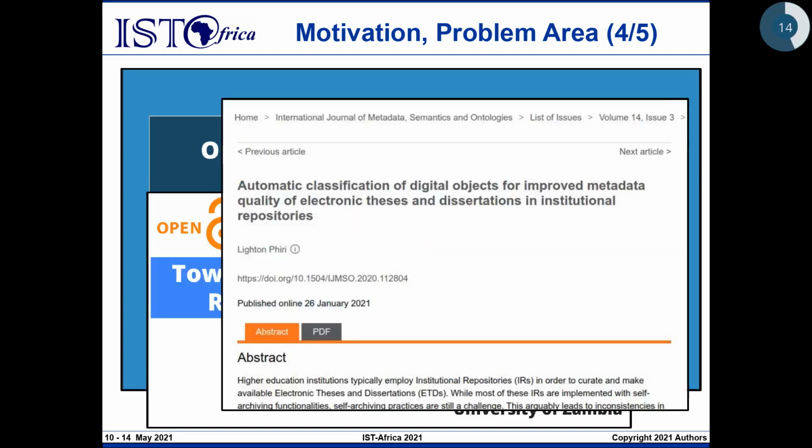But besides that, something we have been doing is to try and take advantage of technology, right? To try and address this problem. So for instance, we've been experimenting with a number of machine learning techniques to try and see how we can automate some of these manual processes associated with making available research output online.